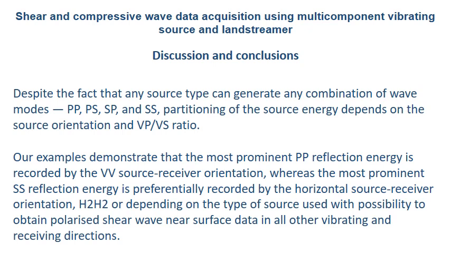Our examples demonstrate that the most prominent PP reflection energy is recorded with the VV source-receiver orientation, whereas the most prominent SS reflection energy is preferentially recorded by the horizontal source-receiver orientation, H2H2, depending on the type of source used, with the possibility to obtain polarized shear wave near-surface data in all other vibrating and receiving directions.